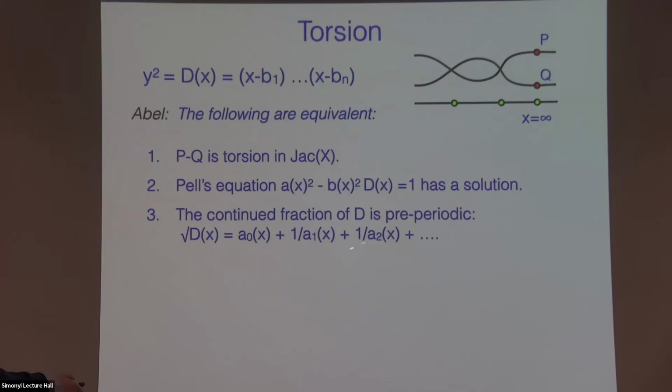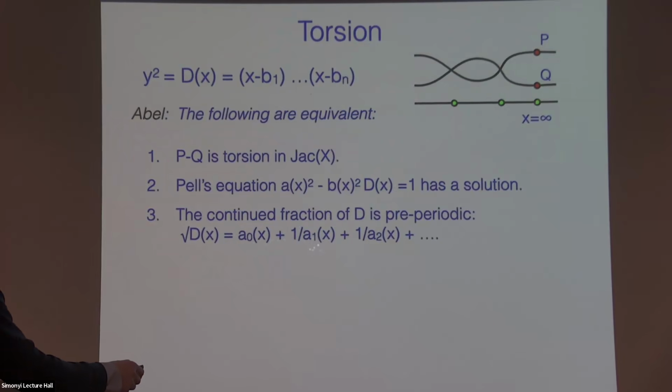There's also a continued fraction expansion for this polynomial. Namely, you take the square root of d and you try to write it as a polynomial. There'll be some error. And then you take the reciprocal of what's left over. So in other words, you start writing its Laurent expansion about infinity, and you see a polynomial and then some other terms.